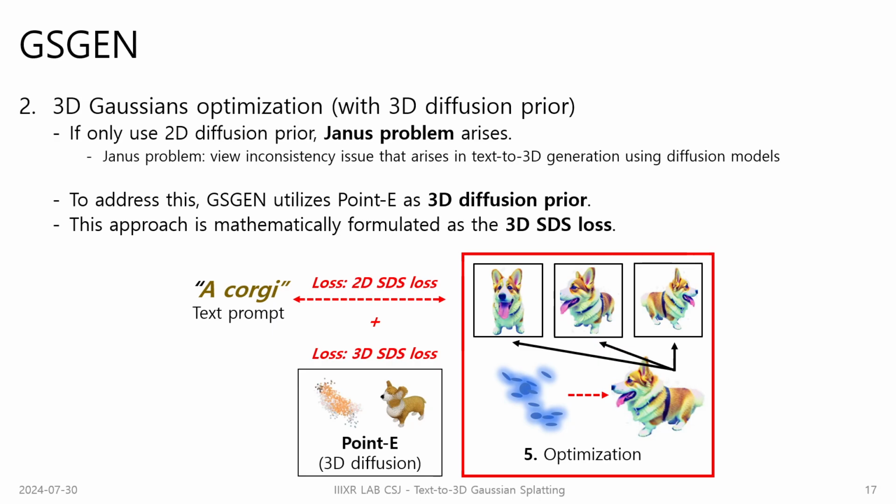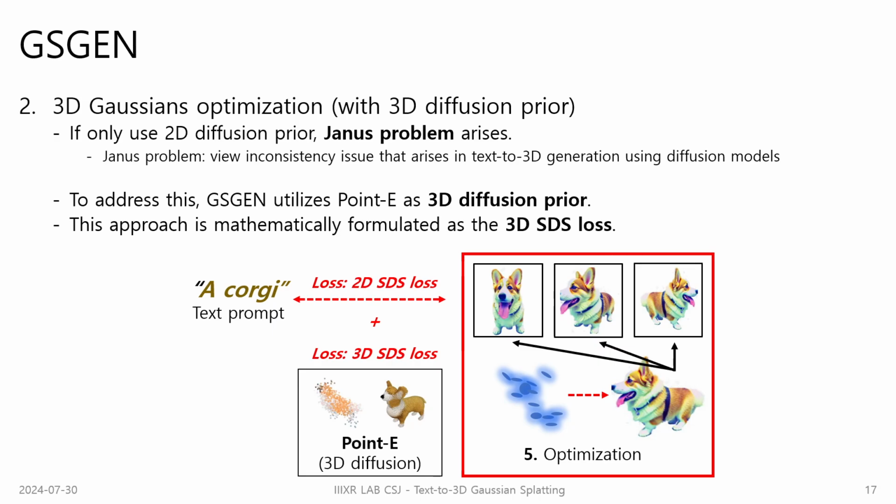To address this, GSGEN utilizes Point-E, which was initially used for point cloud initialization, as a 3D diffusion prior. Unlike the 2D diffusion model, Point-E has learned the alignment between text and 3D point clouds, reducing the Janus problem and encouraging more consistent 3D generation.